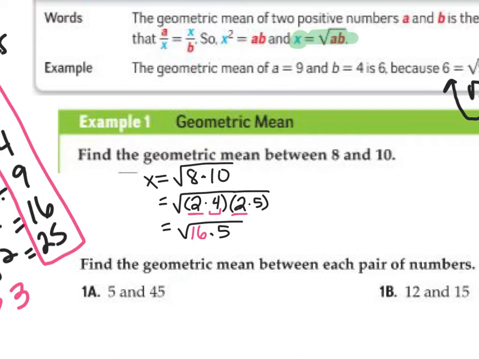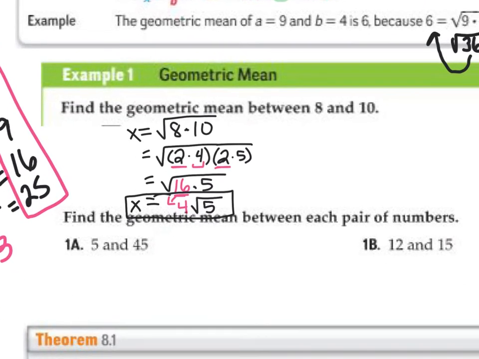Once you're here, and we have it simplified as much as we can this way, we're going to take these perfect squares, so here we have 16, take them out of our radical, okay, so the square root of 16 is 4, and then now we just need to rewrite the radical in what's left. Okay, the square root of 5 is not a whole number, so we're just going to leave that underneath our radical. Okay, so x, or our geometric mean, is going to be 4 square root of 5. This is our most simple form of our answer.